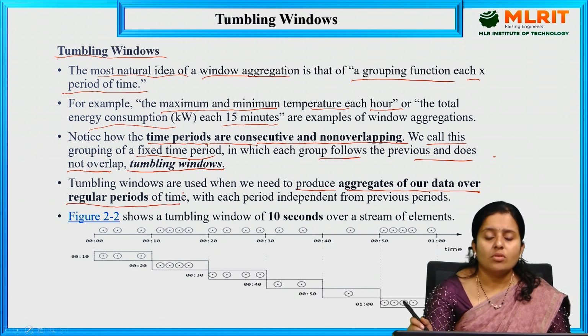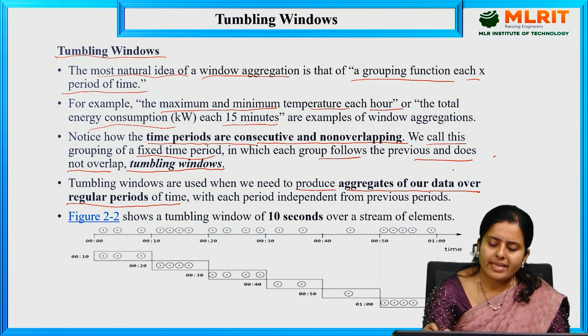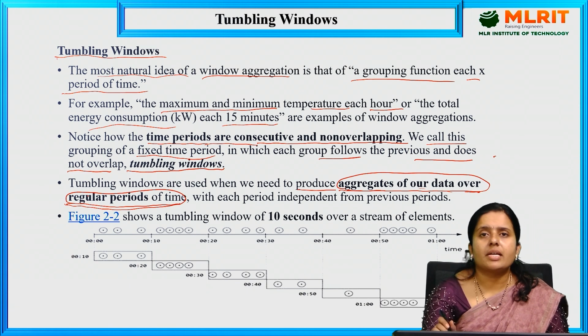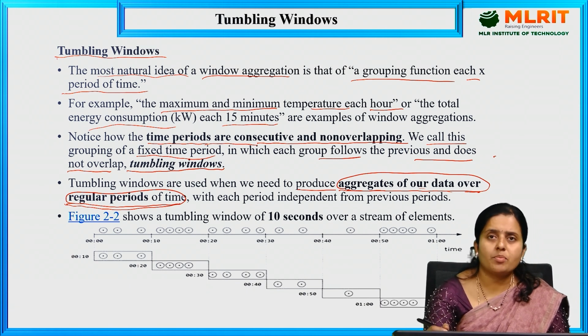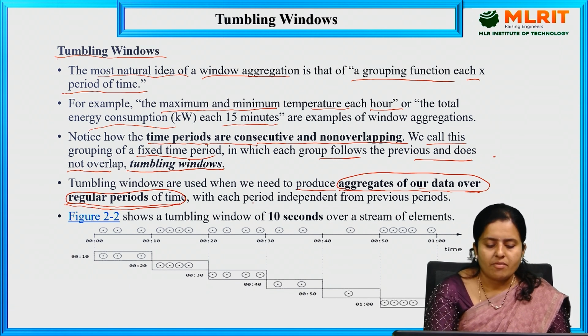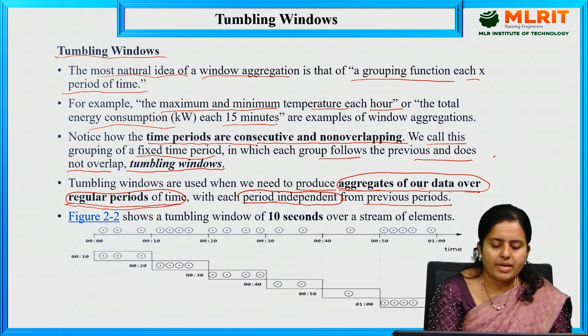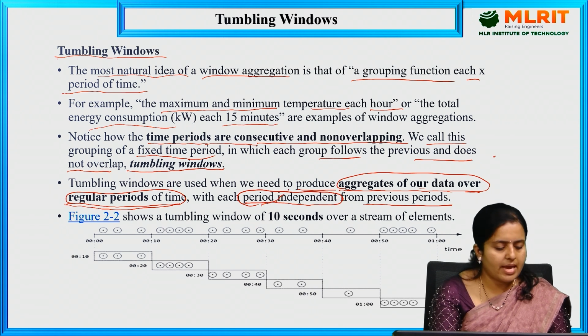So if we want to aggregate some data based on some time, in those scenarios we can prefer tumbling windows. These can produce proper outputs with each period independent from previous ones, as these are independent events based on time intervals.